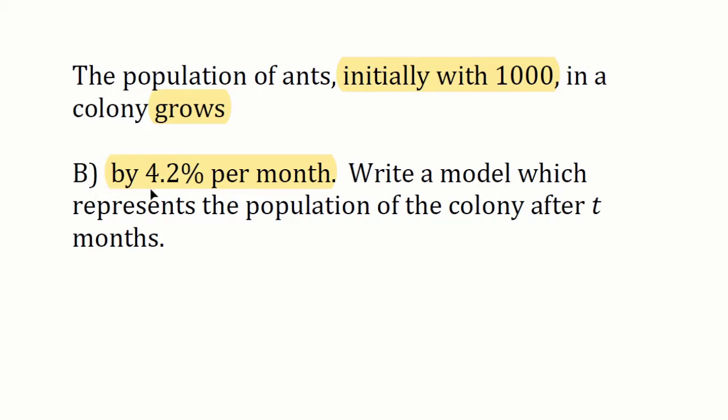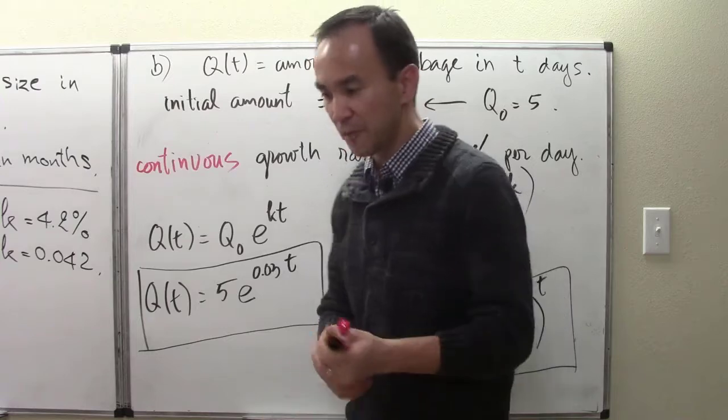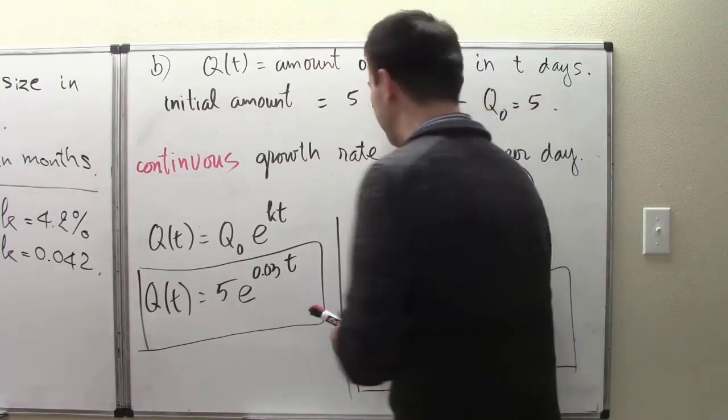But the growth rate given here comes without the word continuous or relative. That means this growth rate has to be a periodic growth rate. So now let's sketch down the information on this board.